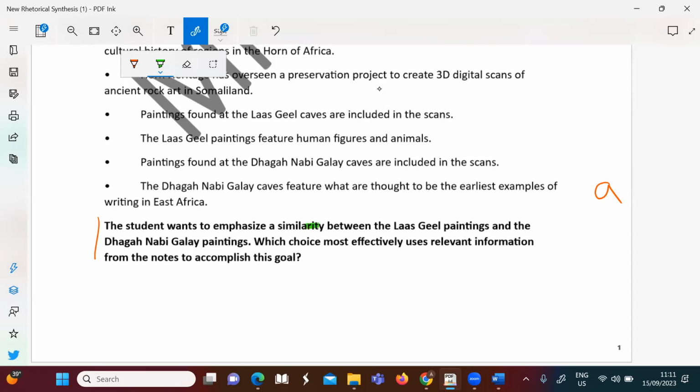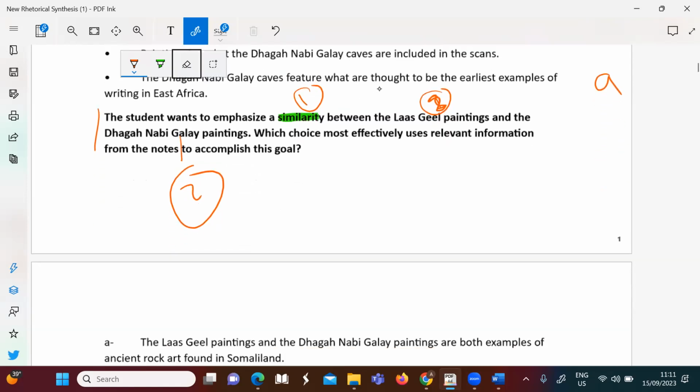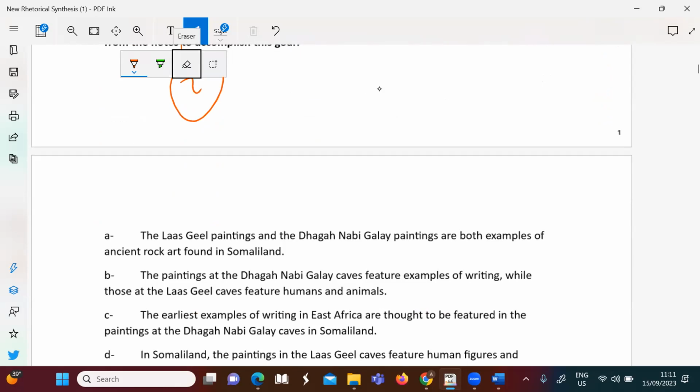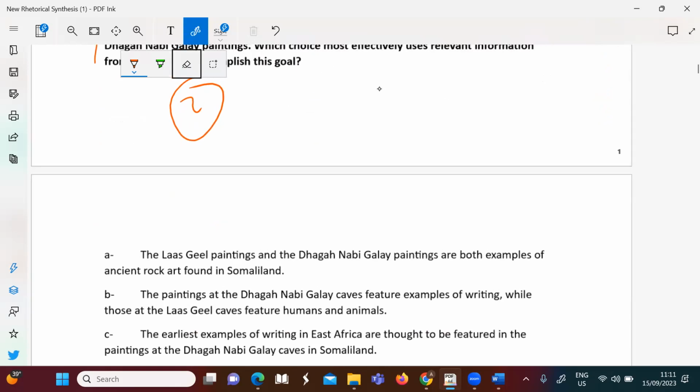It's a similarity. This is number one. And how many paintings should be included? 2. This is 1. And this is 2. Okay. But I need a similarity between 2 paintings. Okay.